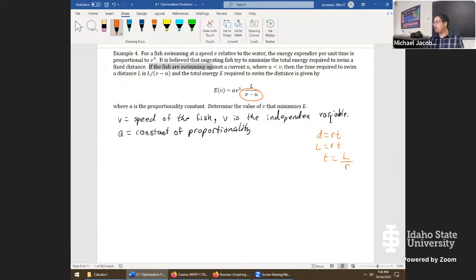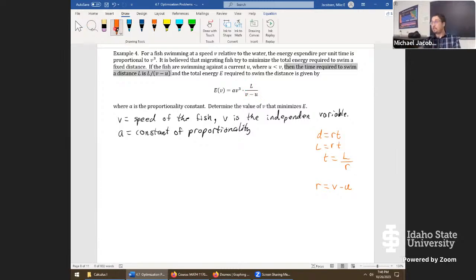If the fish are swimming against a current U, where U is less than V, that's just saying this fish is swimming faster than the current, it's not being swept away. Then the time required to swim a distance, L, is L divided by U minus V. That's the rate. Rate is going to be the speed of the fish minus the speed of the current. And so that's what goes right under here, finally completing that portion.